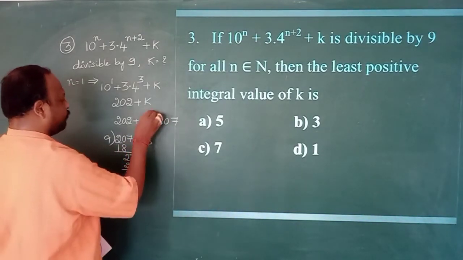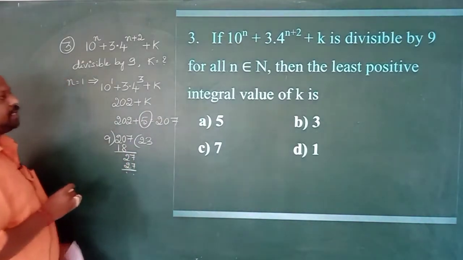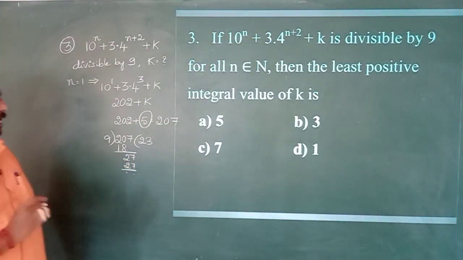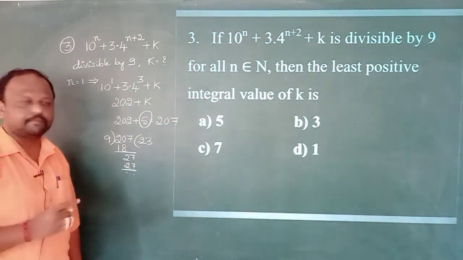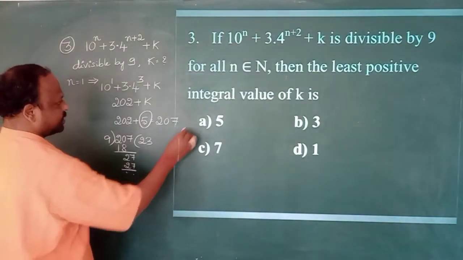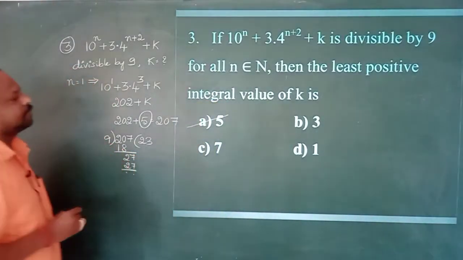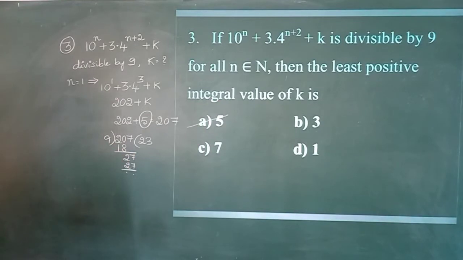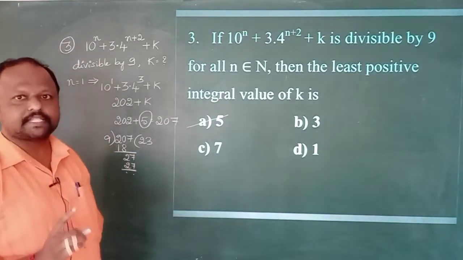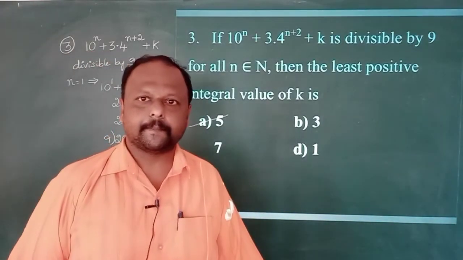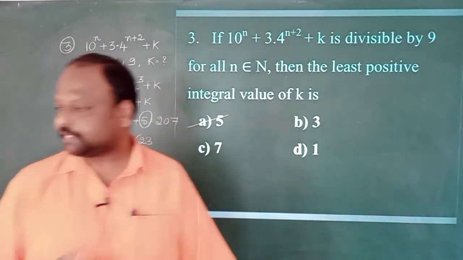So 5 is the least value of k to be added, which is divisible by 9. Option A is the answer. So n is equal to 1 is the basic step which we follow in principle of mathematical induction.